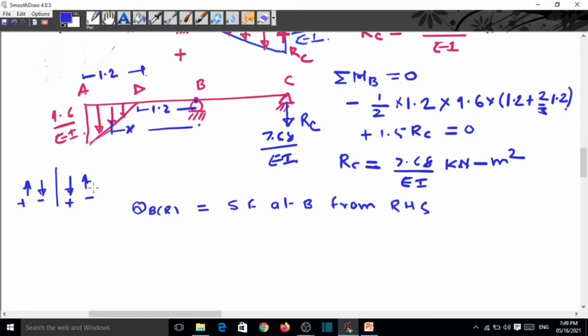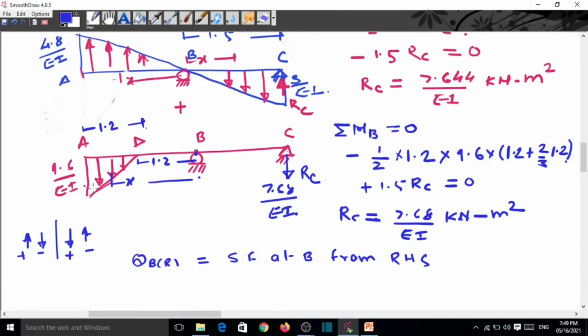So now we can say that here this reaction here RC 7.644 divided by EI. So this reaction is upward. So from right side that upward reaction is negative, so that is minus.